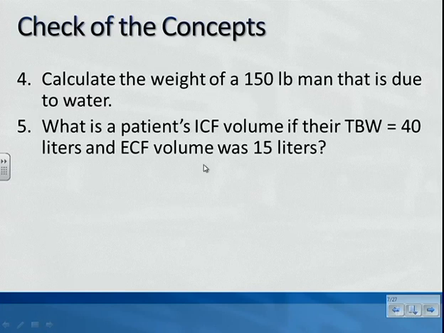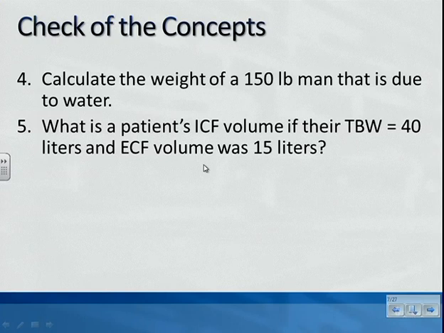All right, if the TBW, that's total body water, TBW, if his total body water is 40 liters, this is a completely different story. 40 liters. And I say their extracellular fluid volume was 15 liters. How much fluid is inside the cells? All of that water is inside and outside the cells.